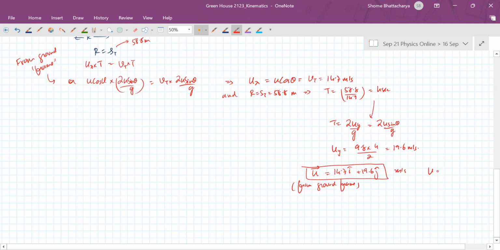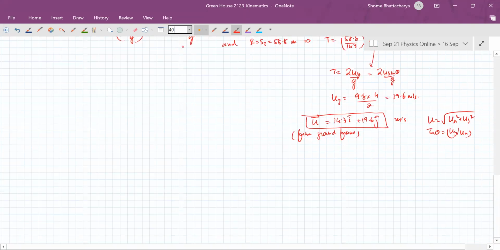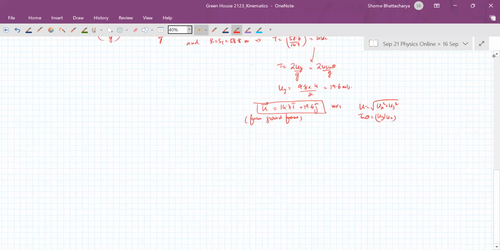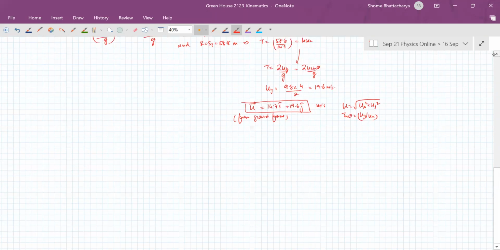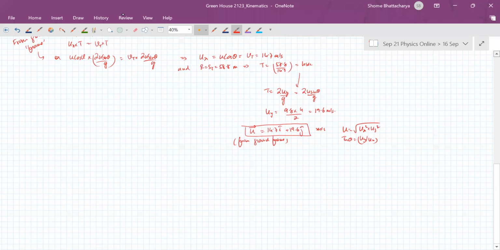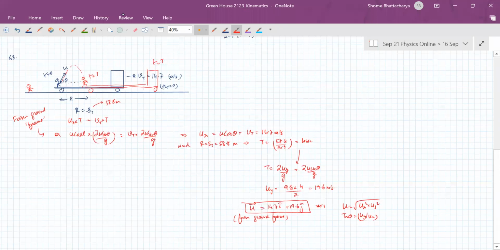And from this you can find u, angle of projection. Okay, so hope this first part is clear to both of you, Akshat and Parth, right? Yes, sir. Yes, sir. Okay.